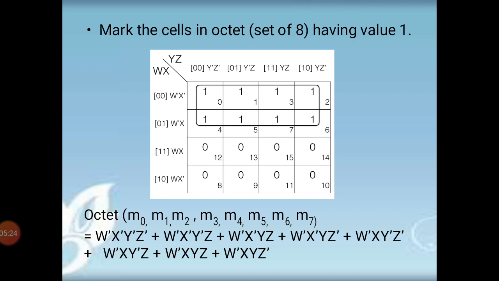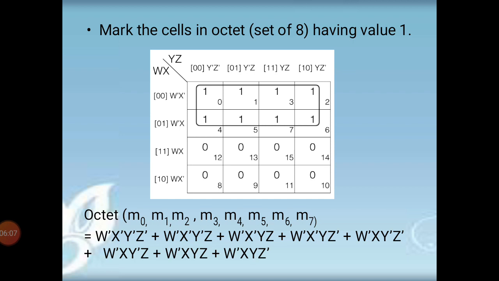Now looking at the octet, from left to right, Y bar changes to Y and Z bar changes to Z, and looking from top to bottom, X bar changes to X. It means three variables we have to remove for the octet.